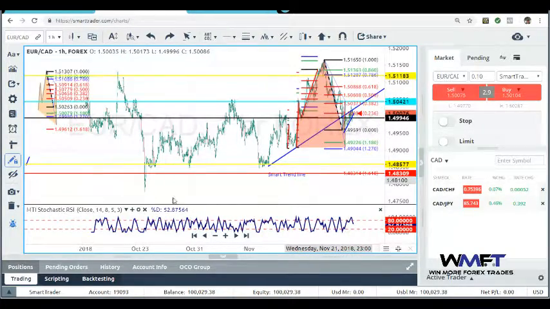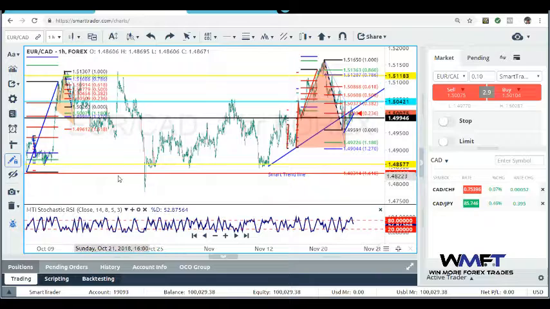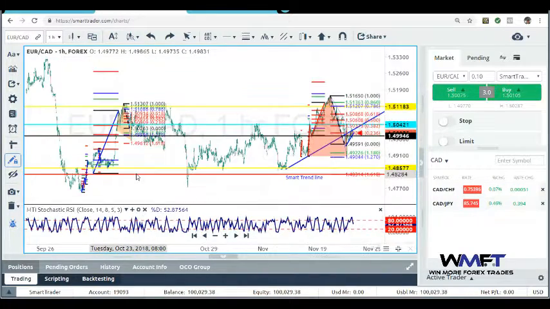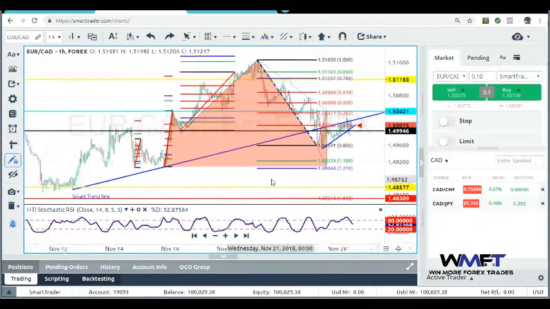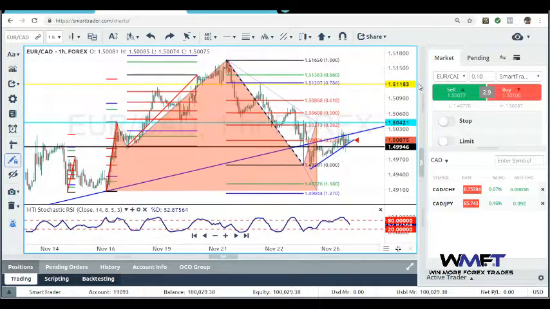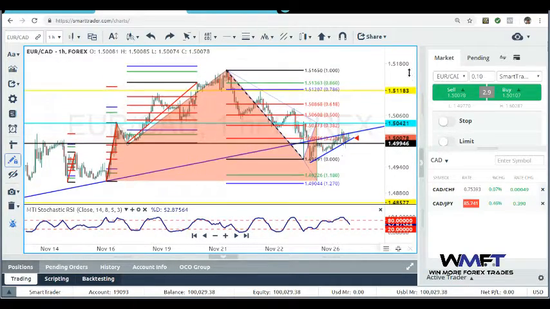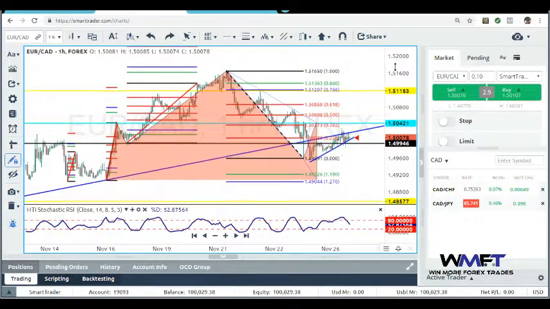And actually, if we look left, we have what looks like support, resistance, and support, past resistance at that price point. So the market likes to revisit past support and past resistance levels.